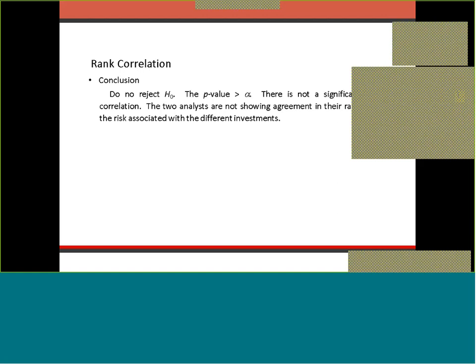Spearman's rank correlation coefficient, the name itself says that it is a correlation coefficient between ranks, not between the data, because here the data is in the form of ordinal. That's what we have assumed. The name itself says correlation coefficient between ranks.